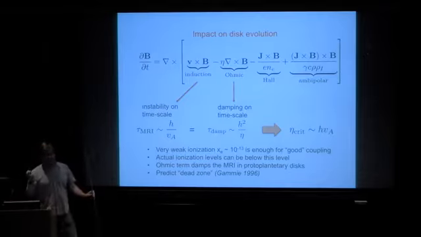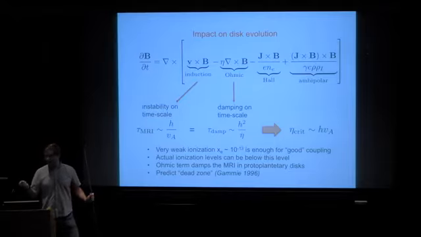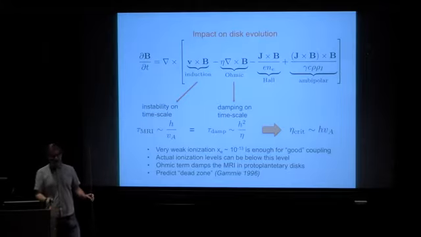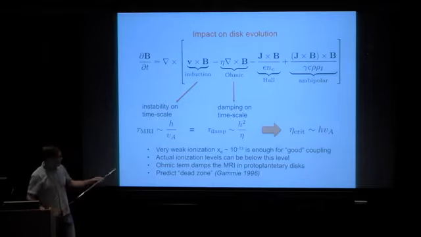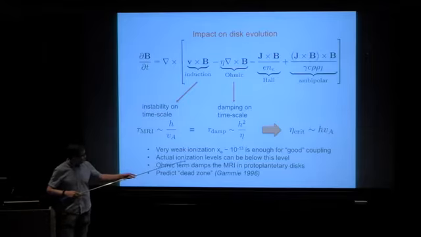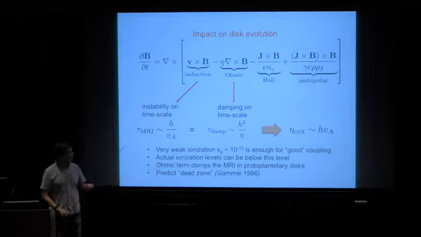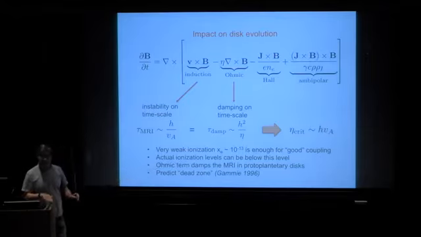One way of thinking about that is that ideal MHD in this circumstance is still an interesting approximation, even down to levels way below what we would normally consider an ionized fluid. 10 to the minus 8 is a very, very neutral fluid, but that would be orders of magnitude above this threshold. As we also saw, or at least stated, the actual ionization levels can be even below that level.